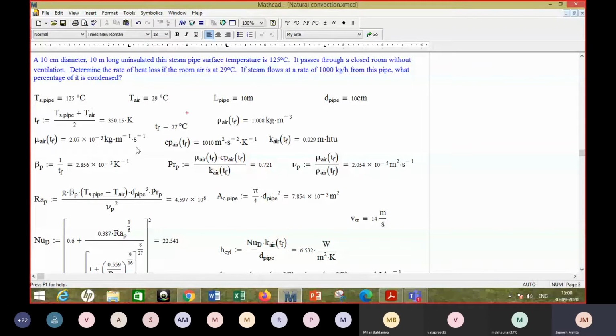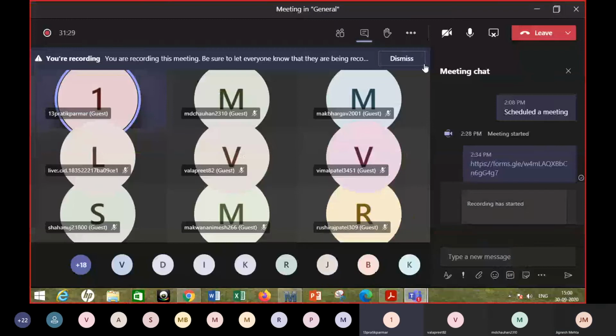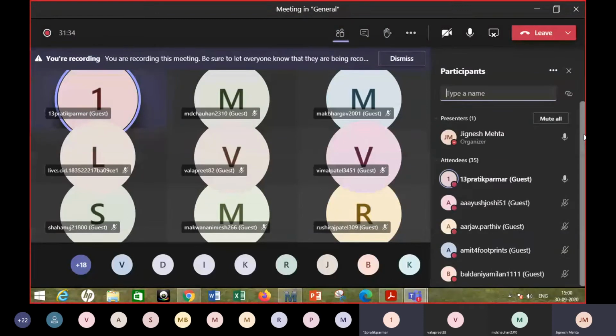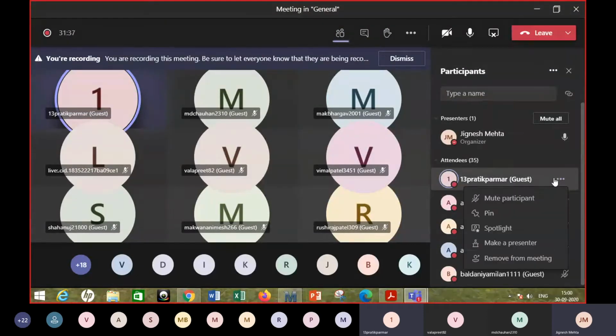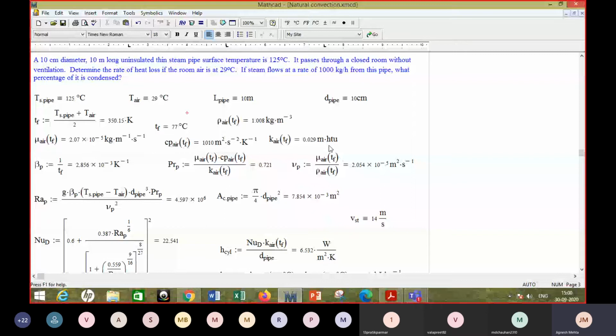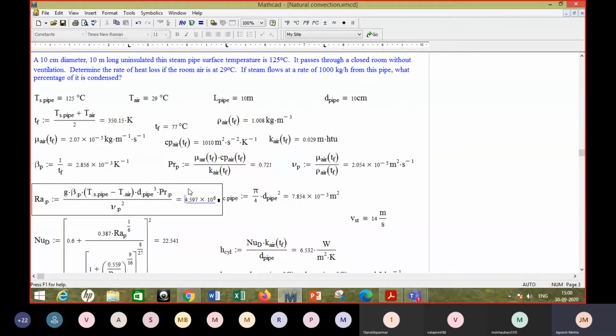Cp of air is 1010, and the unit is joule per kg Kelvin, and then the k is 0.029, and this is watt per meter Kelvin, right? You know the units of different parameters.